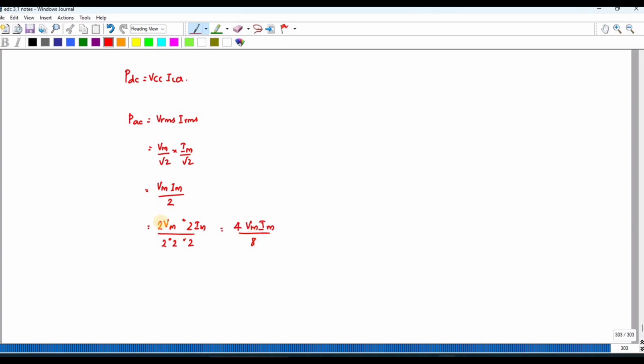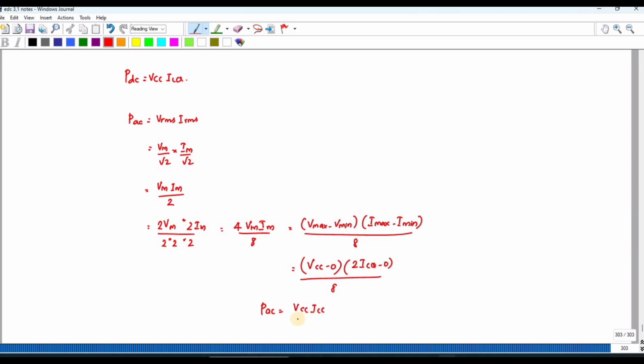This 2 Vm I can write as Vmax minus Vmin, and similarly this 2 Im I can write as I max minus I minimum, divided by 8. Substituting the values, Vmax is nothing but VCC and Vmin is 0, and I max is 2 ICQ minus 0, divided by 8. So I can write PAC equal to VCC ICQ divided by 4.